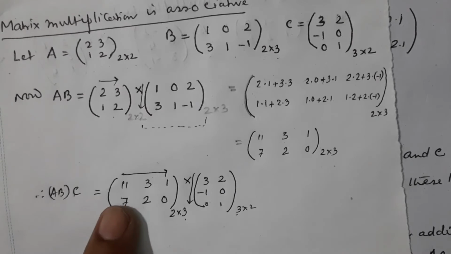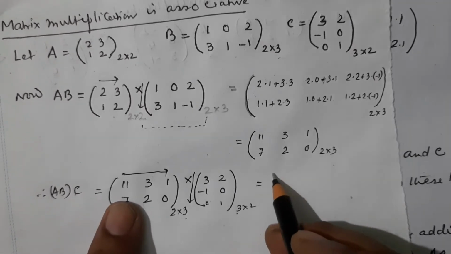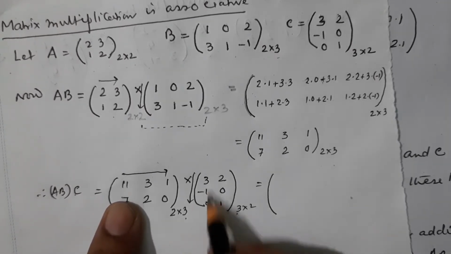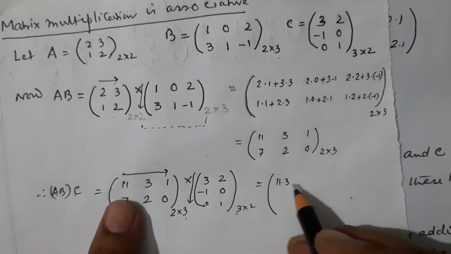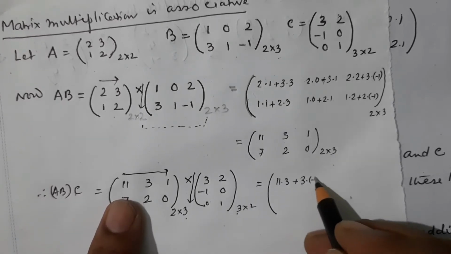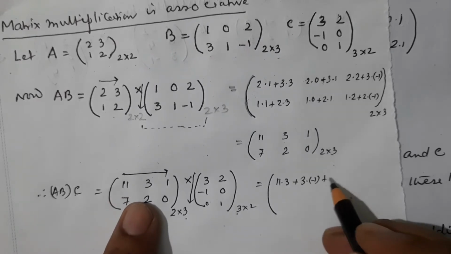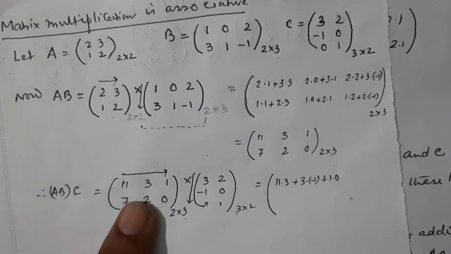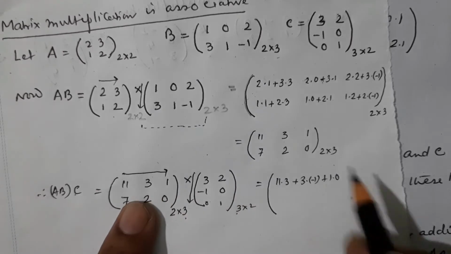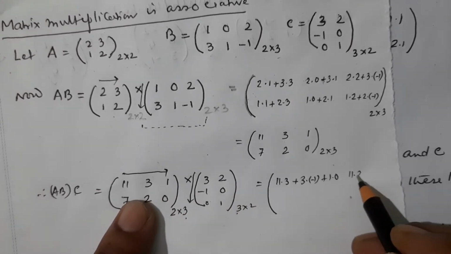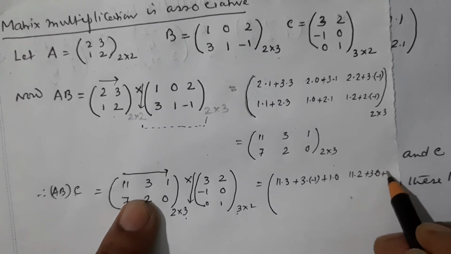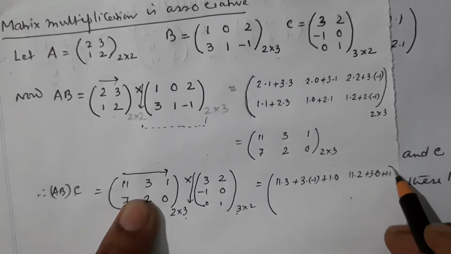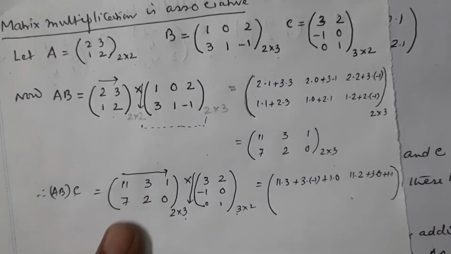First row of the first matrix multiplied with the first column of the second matrix. So 11 into 3 plus 3 into minus 1 plus 1 into 0. First row, second column, 11 into 2 plus 3 into 0 plus 1 into 1.